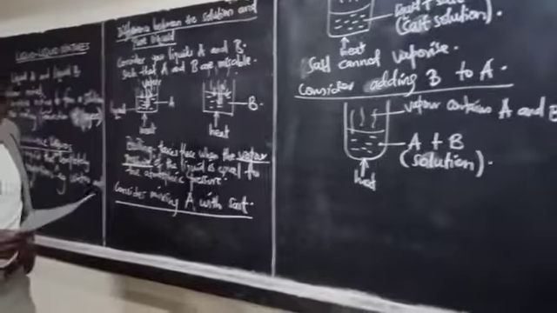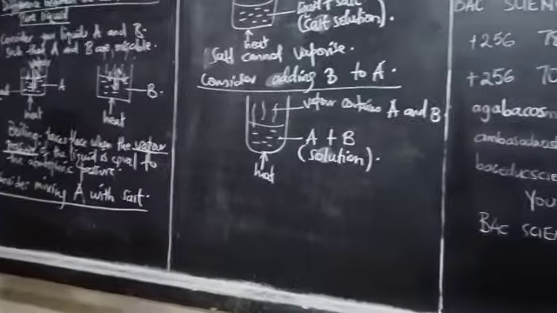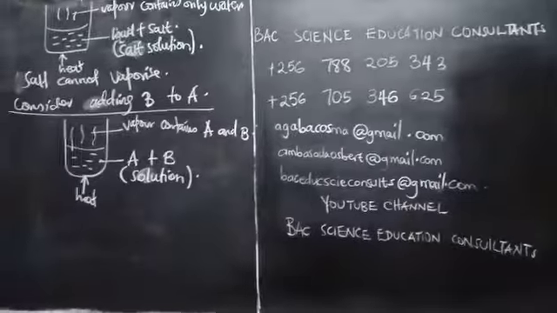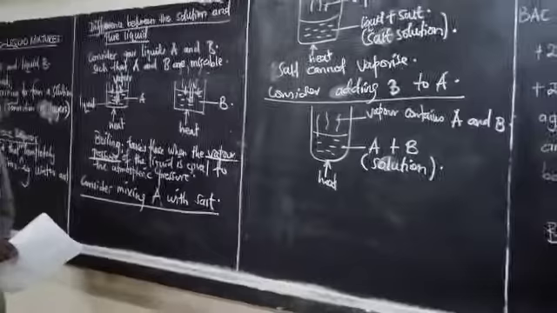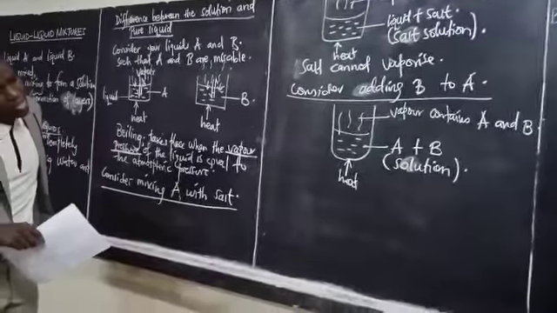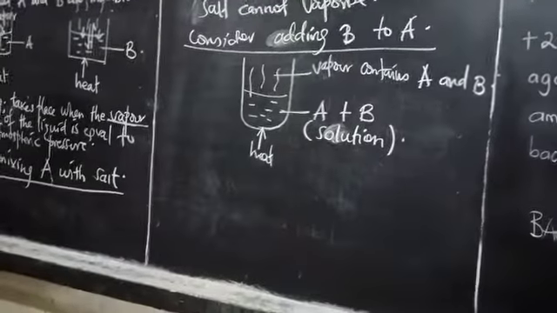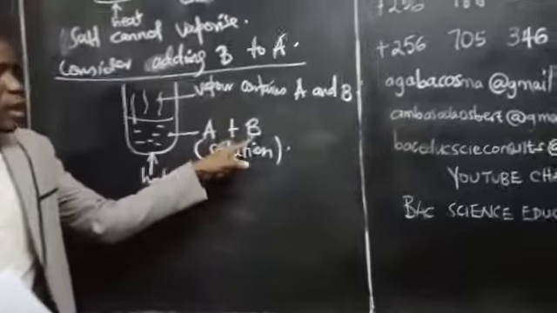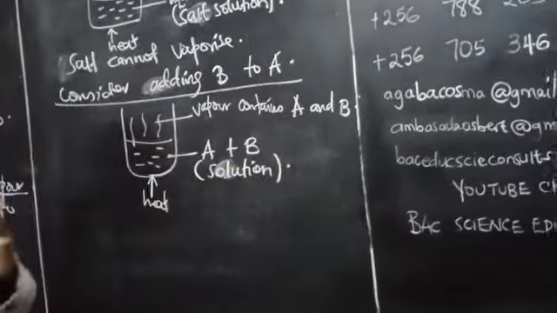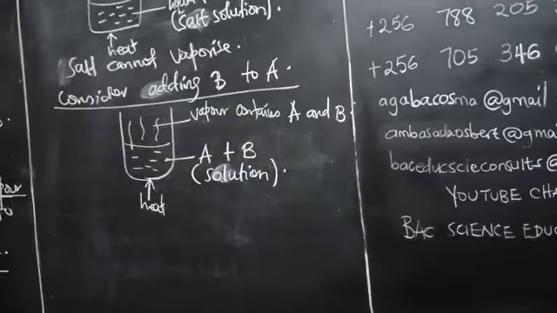Now there is something that we must understand in this case. For example, A is water, and B is ethanol. Remember, water boils at 100. Ethanol boils at something like 78, 77 point something, close to 78.